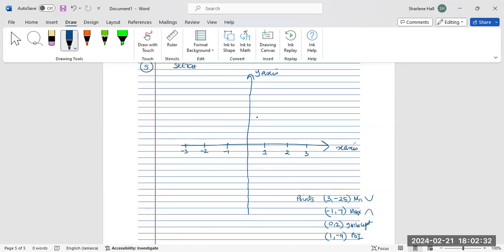If I call this up here 5, that means here is 10, here is 15, here is 20, and that's 25. So every other one is 5, 10, 15, 20, 25, and negative 5, negative 10, negative 15, negative 20, negative 25. Do you agree with that?